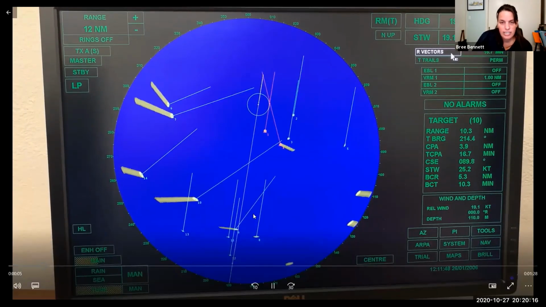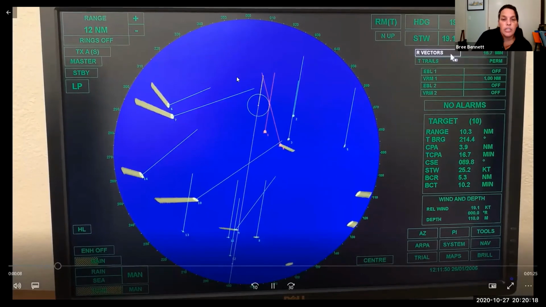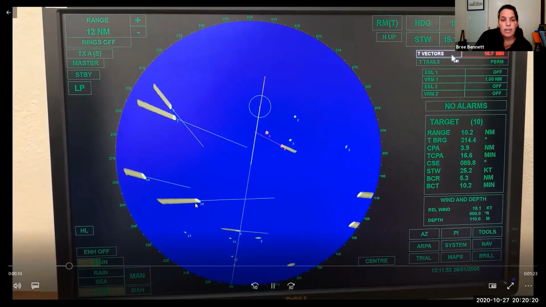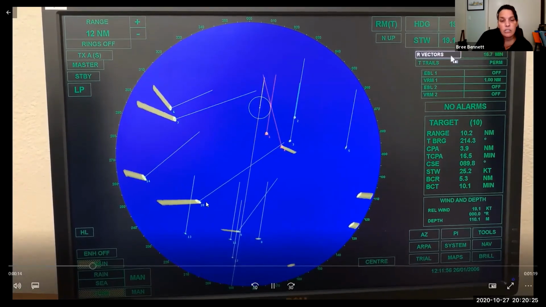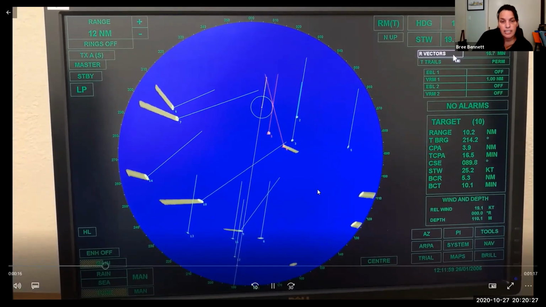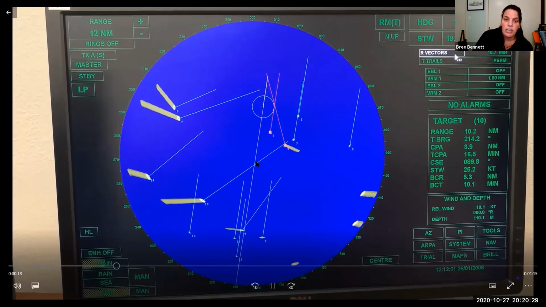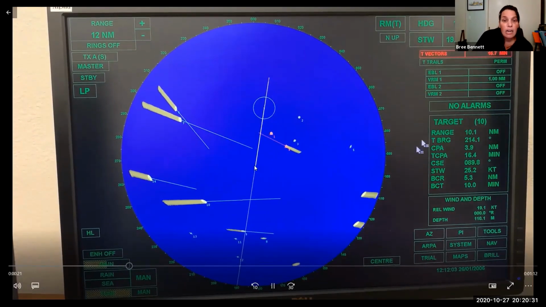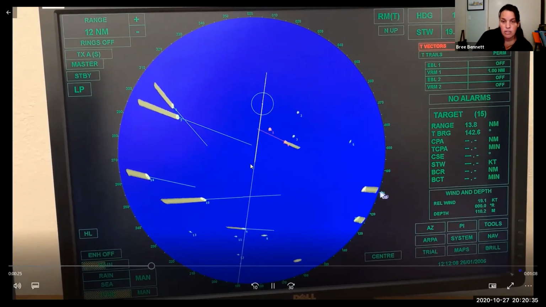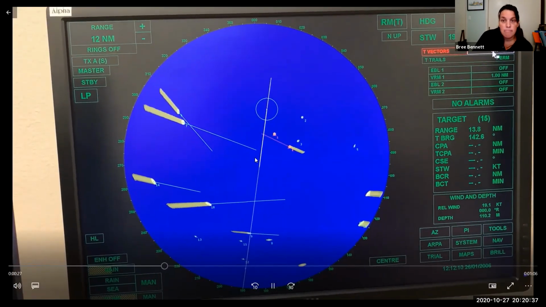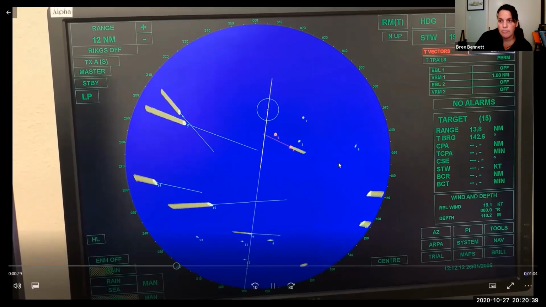So let's play this. I think I toggled back and forth a little bit. So here's our relative. Again, I go back. This guy is crossing in front of me, and I could see that. Relatively, I might want to know what my bow crossing distance is. How close is he going to get to my bow? I might want to measure that.